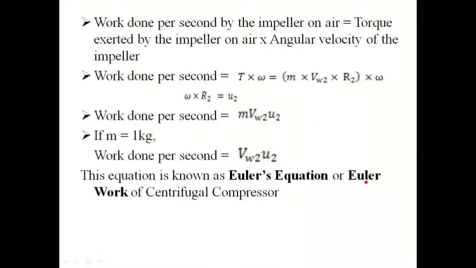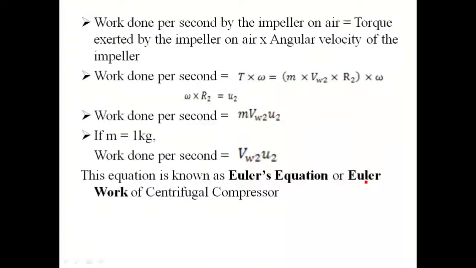Work done per second by the impeller on air is equal to torque exerted by the impeller on air into angular velocity of the impeller. So work done per second becomes T into omega. The torque T is m into Vw2 into R2, so work done is m Vw2 R2 into omega. Also we know that omega into R2 is the peripheral velocity of vane at outlet, which is U2.